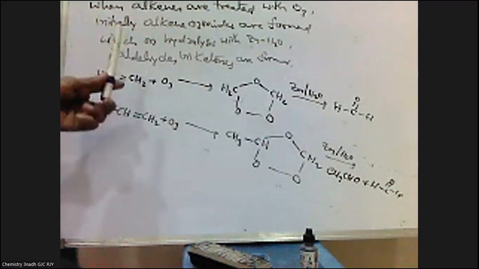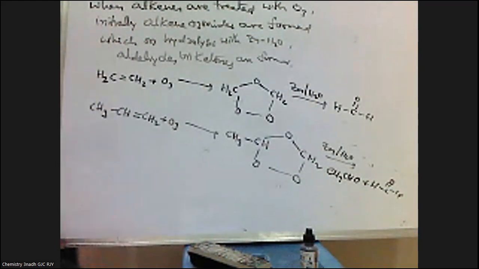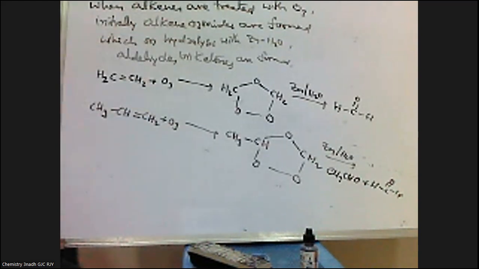So it will be useful. It is important for 2 marks questions also. What is the ozonolysis reaction? When alkenes are treated with ozone, initially alkene ozonides are formed. So this is ethylene ozonide, this is propylene ozonide, right?